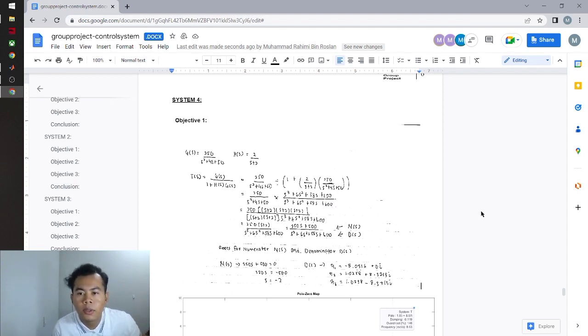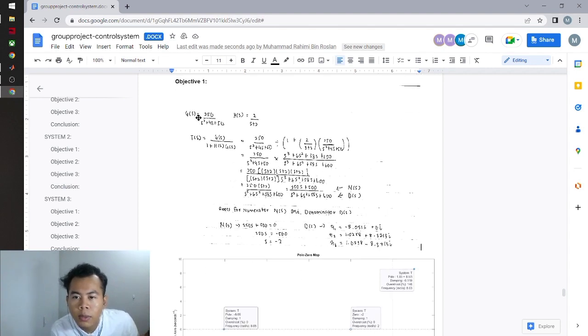Okay, the first one is objective one. So this is the mathematical solution that I did. First, I take the transfer function G and T, with the numerator and denominator.